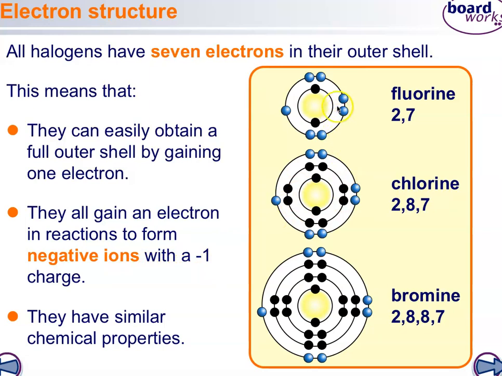Over here we have fluorine with atomic number 9, with 2 electron shells, chlorine with atomic number 17 with 3 shells, and bromine with atomic number 35 with 4 shells. Now, this has implications for their reactivity, and we will look at them later on.